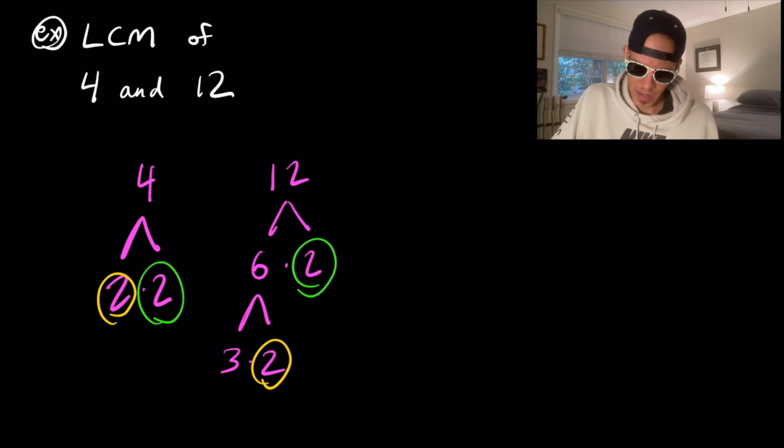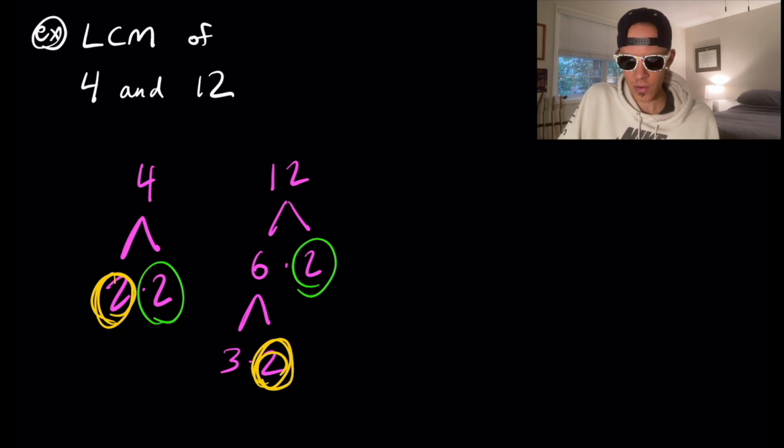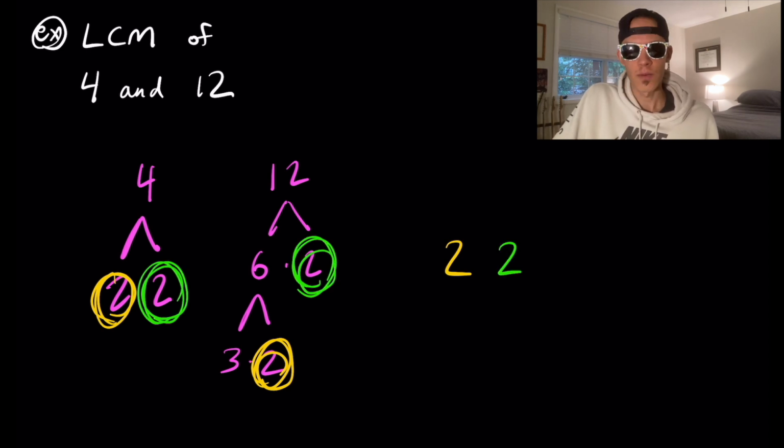Over here I got 1 two in yellow, and then another one over here in yellow. I'm just going to take one of them. And the same thing with the ones in green. I got 1 two over here, and then another 2 over here. I'm just going to take one of them. And then the other prime number that we had is this 3 here. So I'm just going to add that to the end, and we're going to multiply these 3 numbers.